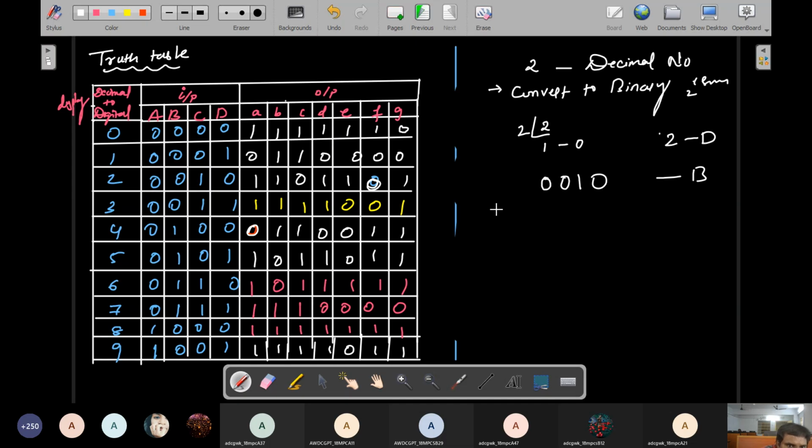Suppose, for example, 3. To convert the decimal 3 to binary, divide by 2. 2 ones are 2, so the remainder is 3 minus 2, which is 1. Now 2 ones are 2, so the remainder is 0.